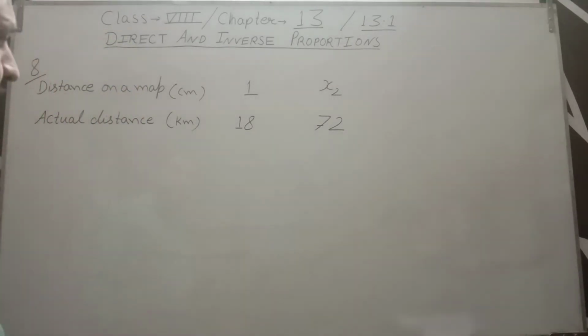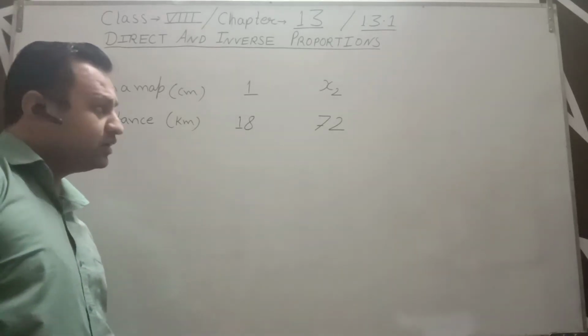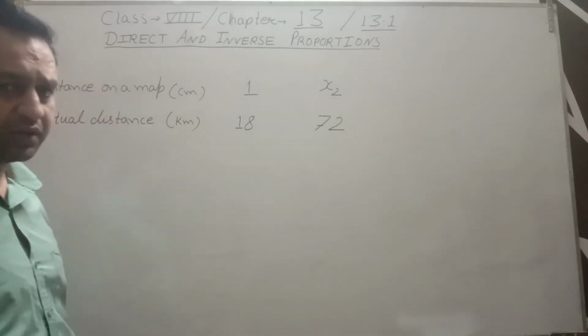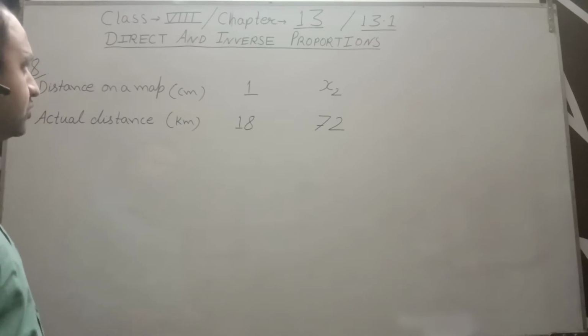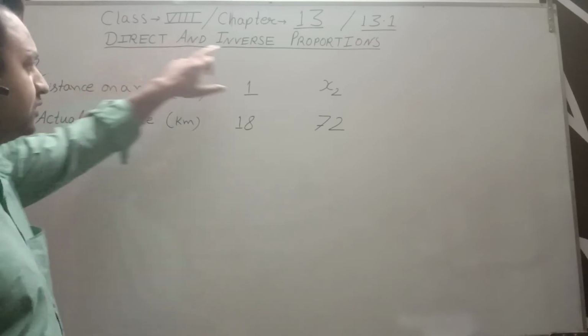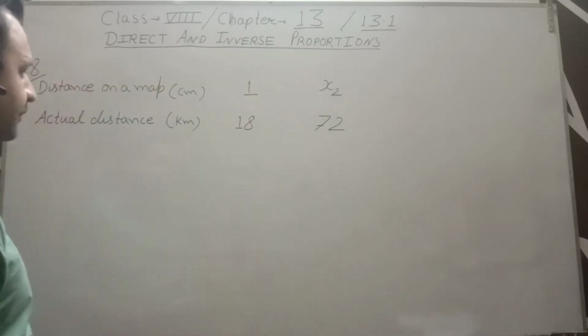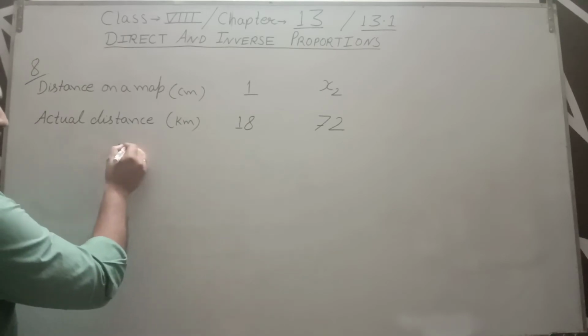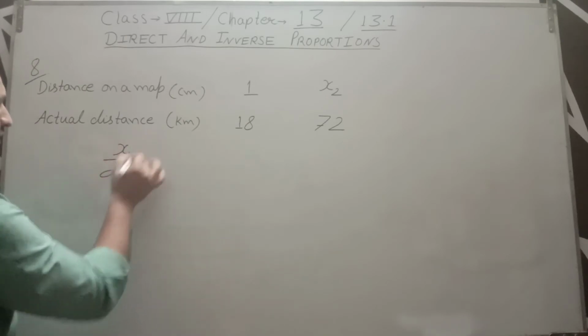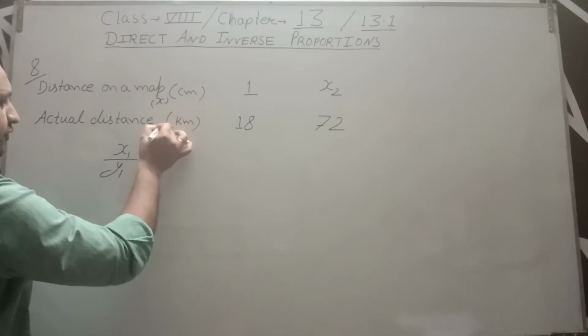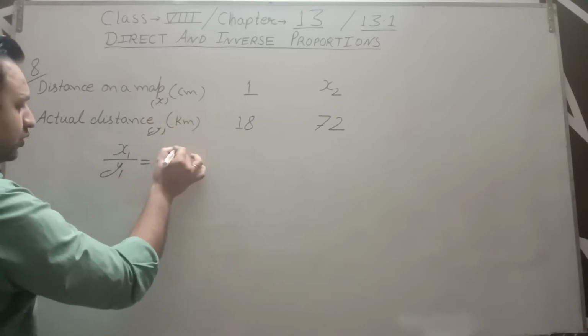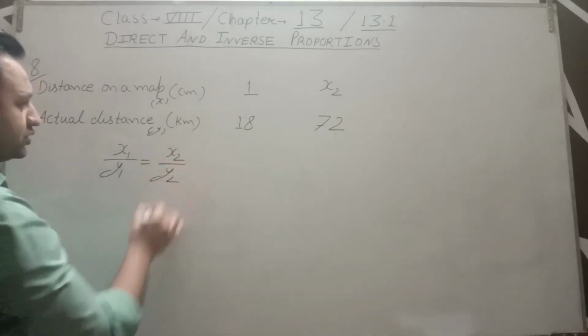and we have to find out the distance on a map. So we can observe that if the distance on a map increases, then the actual distance also increases. So we use the property of direct proportion. And what is the property of direct proportion? x1 upon y1 is equal to x2 upon y2.